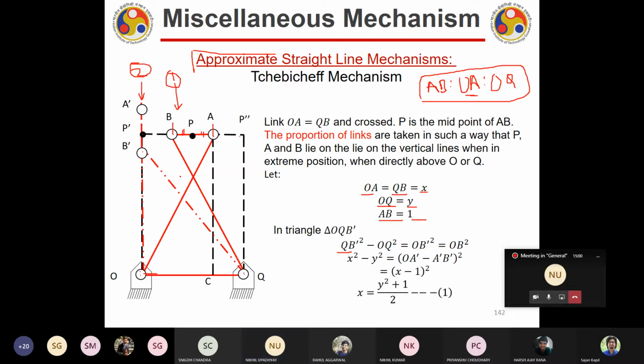Sorry, sir, I didn't listen. Okay, Harsh, is it right? So OB dash and which other link? There is an inequality, or there is a mistake, something wrong over here.